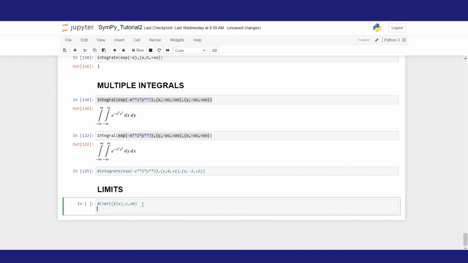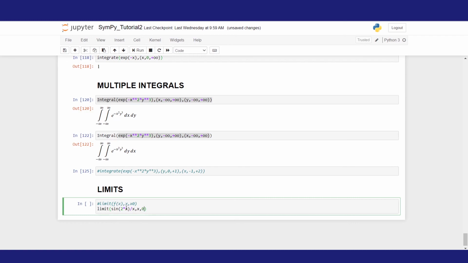So let's try out one example. Let's say the limit of sine of 2 times x, divided by x. Let's have x as a symbol, and we take the limit when x tends towards 0. We know that for small angles, sine of a small angle tends to that very angle.